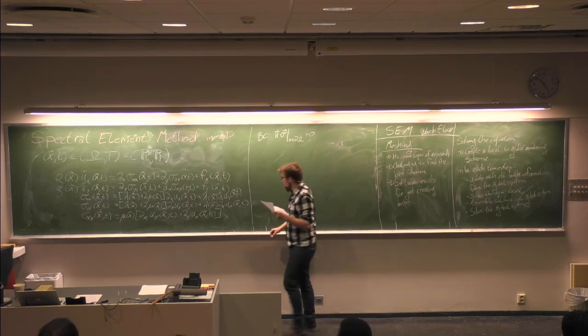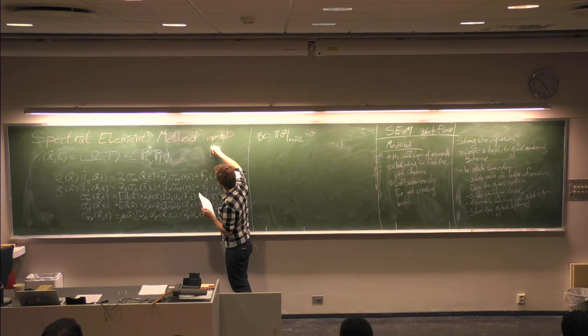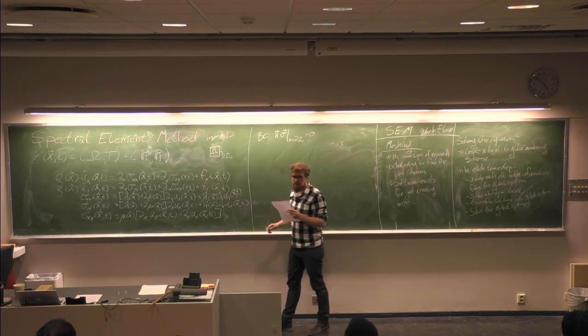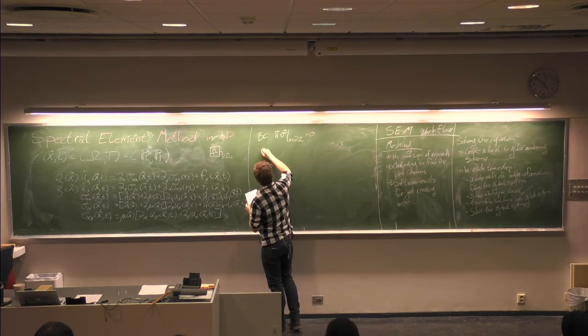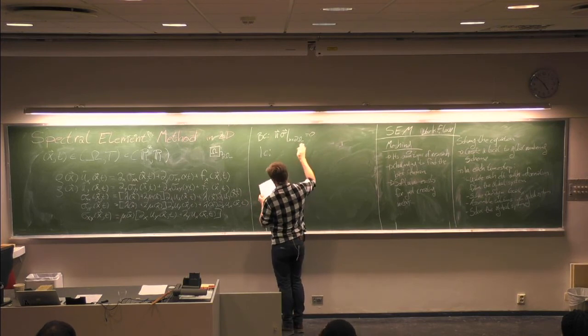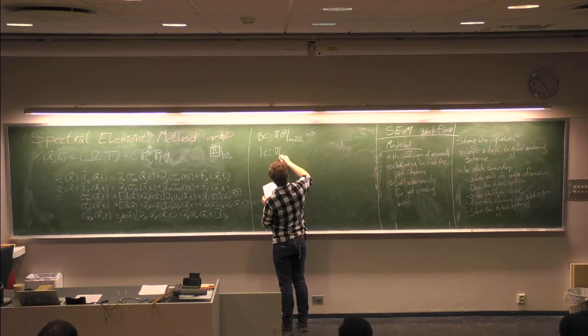So for instance, if this is your omega, then partial omega is the frame. So again, initial conditions equal to 0. Everything should start nice and quiet. Zero.